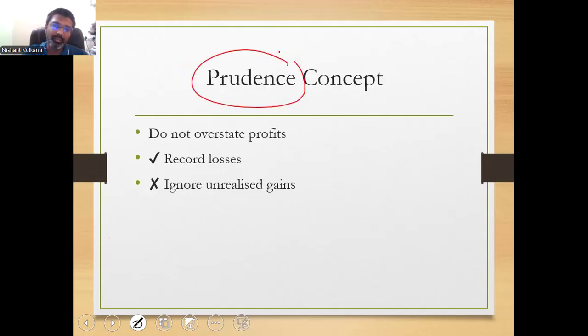Prudence is again a very important concept. What the accounting concept of prudence says is that you have to think and record all kinds of your expenses or losses. But when it comes to income, you cannot do so until you are 100% sure that yes, you are going to earn this income. Let's say you lend money to your friend.